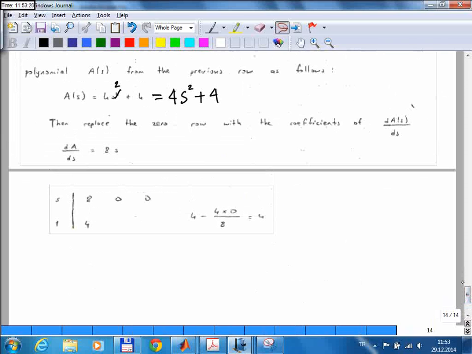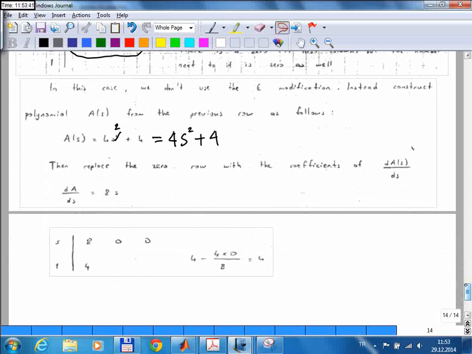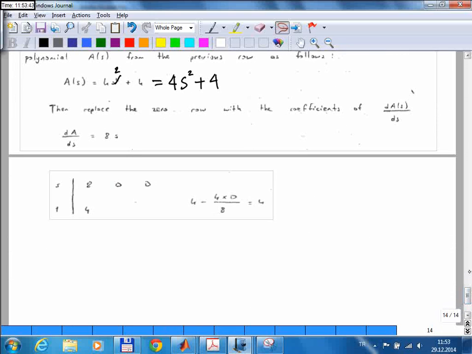Just like how you initially start the array, you assume that this was your polynomial and you form the array using this part. So this is the first order polynomial. You write 8 and there's no other term to write here. And then you complete the test using that, and you use the resulting array to conclude stability.